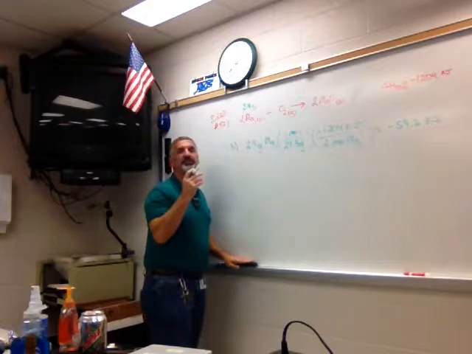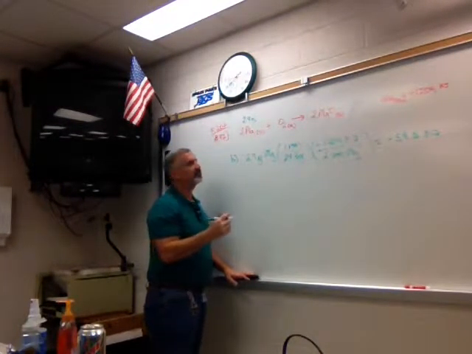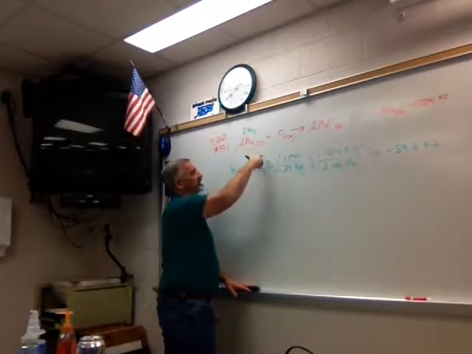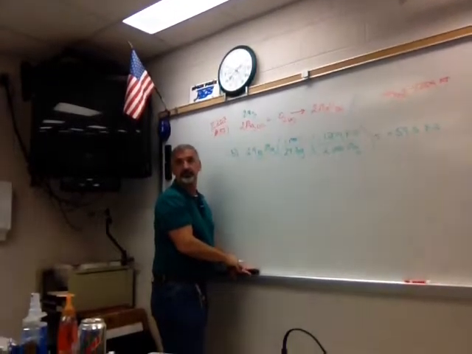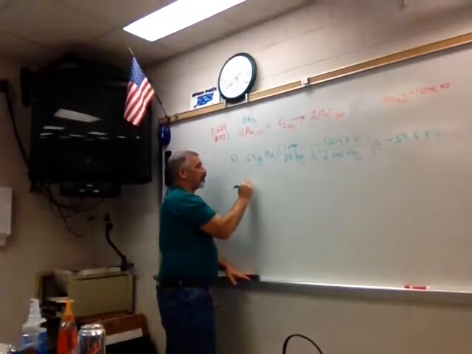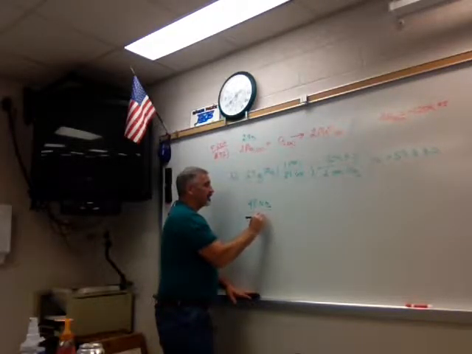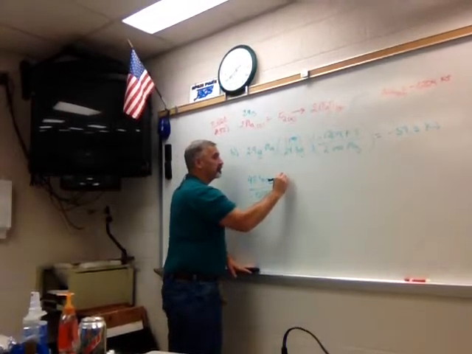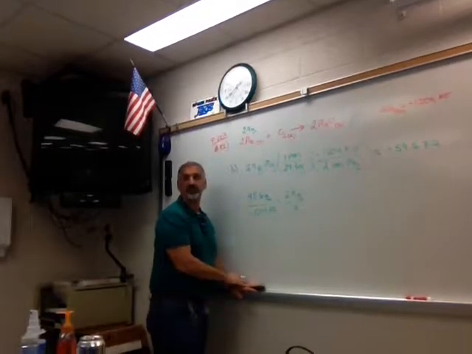Now, an alternate way to do that, it's really the same way, just a different perspective. You can say then 2 moles of magnesium is going to be 48.6 grams, right? So we could say that 48.6 grams of magnesium released 1,204 kilojoules. So 2.4 grams is going to release how much?